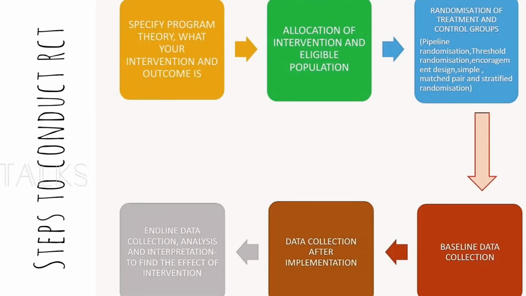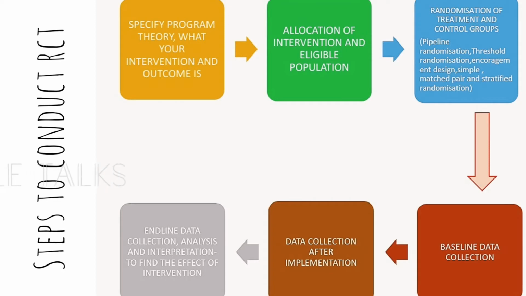So now we can see how to conduct a randomized controlled trial. So first of all, we have to specify the program theory, that is, what your intervention and outcome is. Then we have to specify the allocation of the intervention and selection of the eligible population.